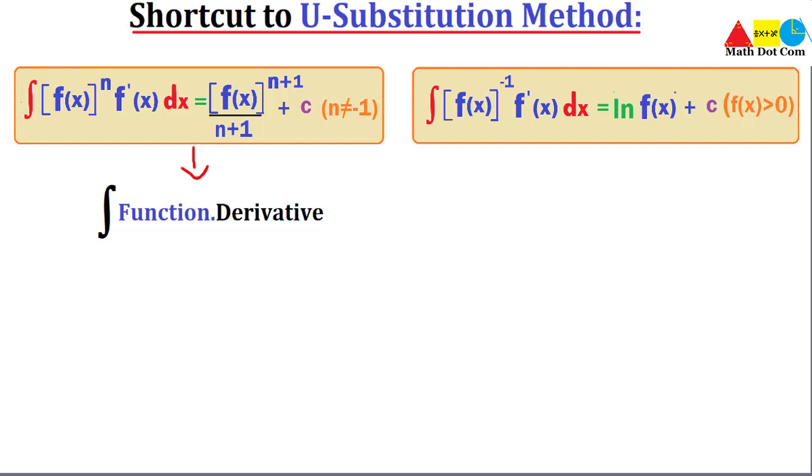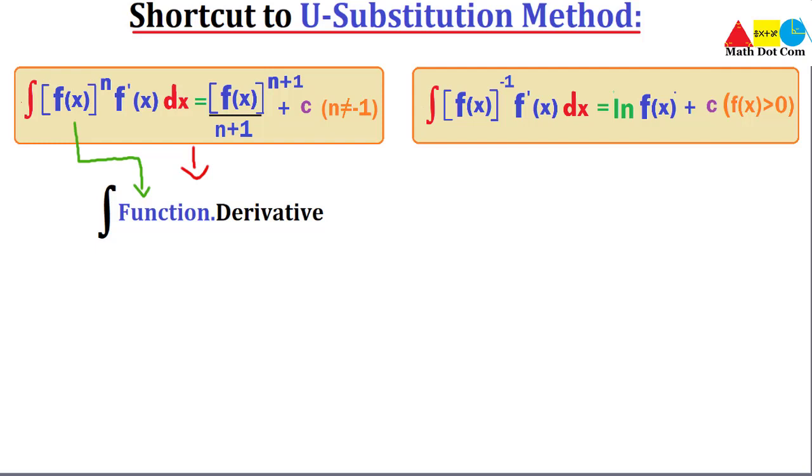So this f of x represents the function, and n is the power. It could be 1, 2, 3, but keep this in mind, n should not be equal to -1. If it is equal to -1, then you have to use the second formula rather than the first.